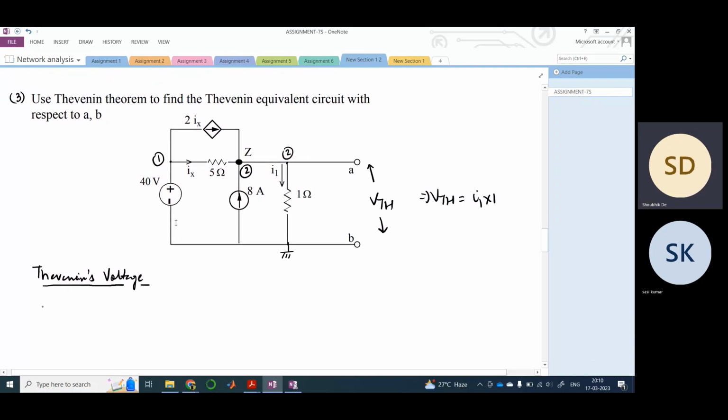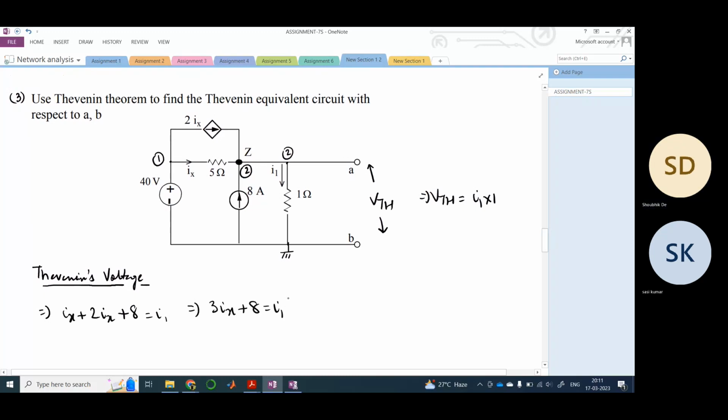So here we can directly start like this. Your Ix plus 2Ix, right? Because here this current is flowing and this is also flowing, and then here this is plus 8 because this is also coming outwards, and then this is I1. This is equal to I1. So directly you get this equation here, right?